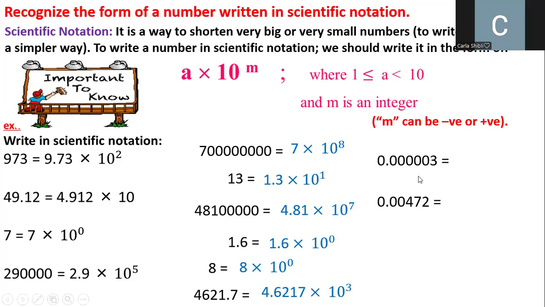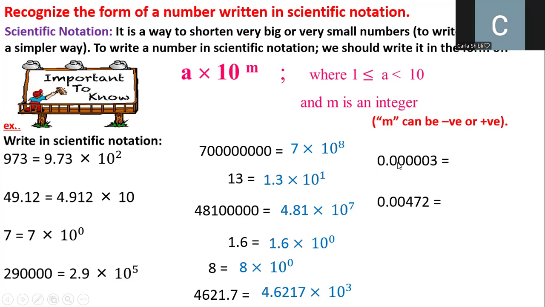Now, I have 0.000003. This is a number less than 1 since it is 0 point. So here, since these numbers are greater than 1, I am multiplying by a positive power of 10. When my number is less than 1, which is 0 point, I should move the point 1, 2, 3, 4, 5, 6 to become 3.